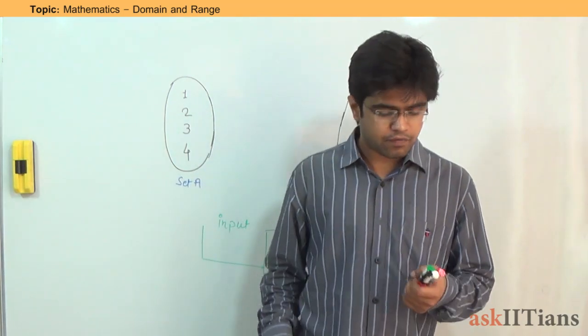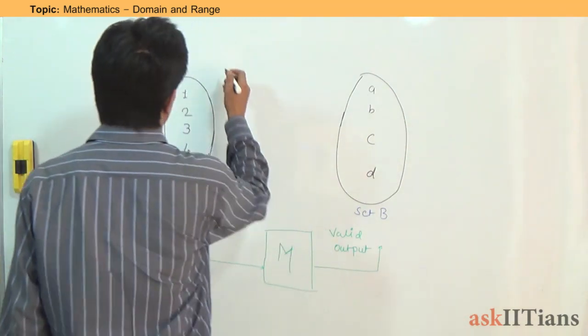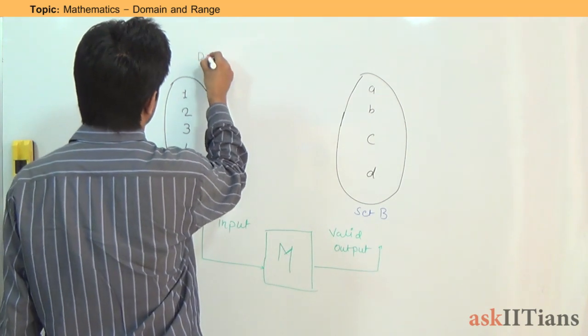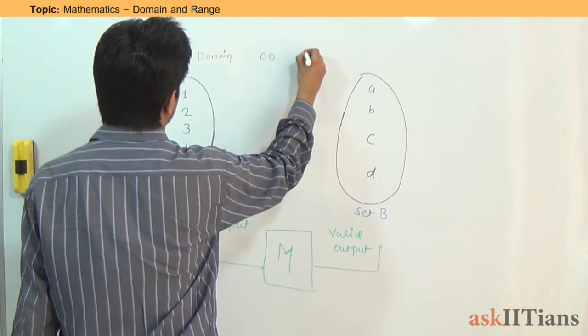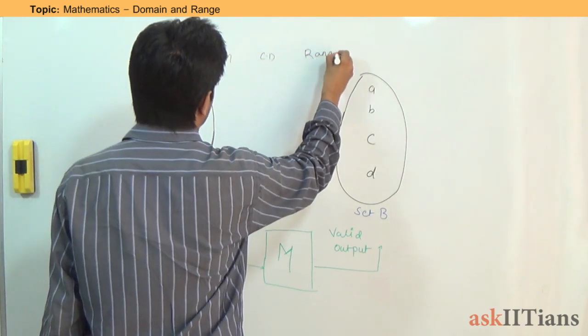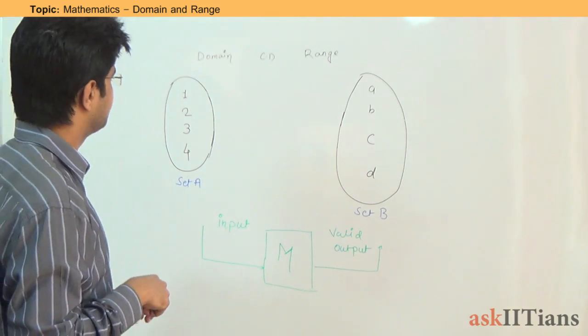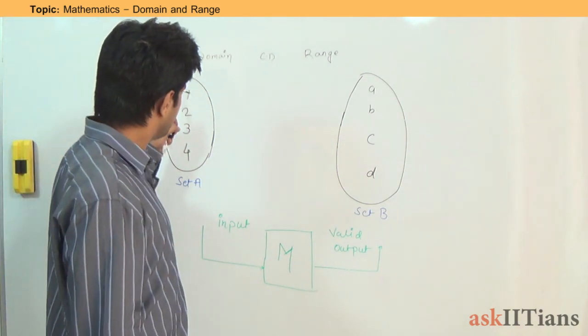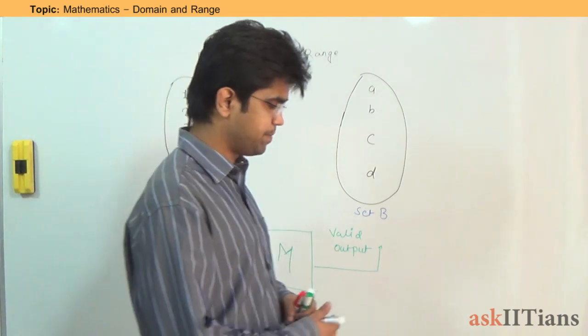So there are three terms, as I've said: domain, codomain, and range. Okay, so let's say that these elements are in the sets.